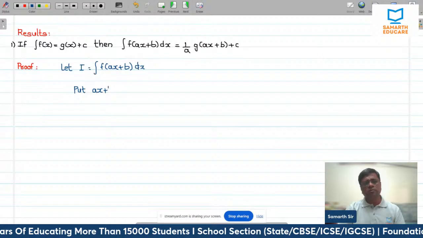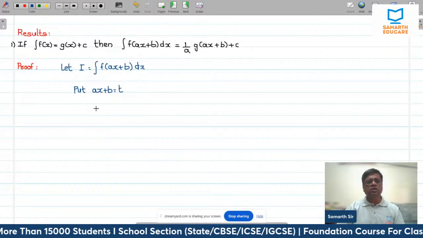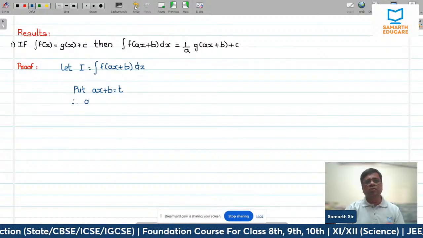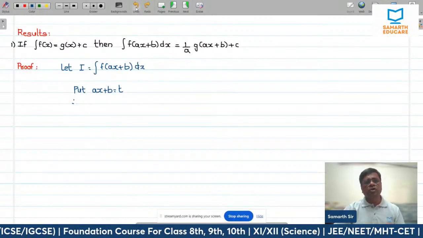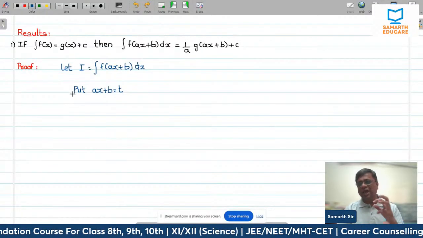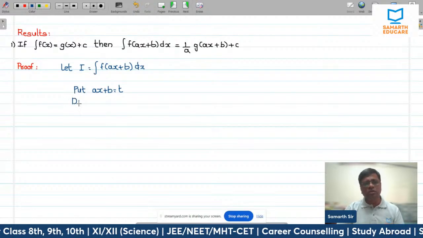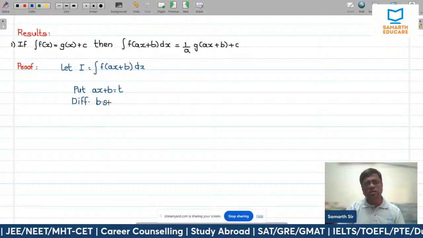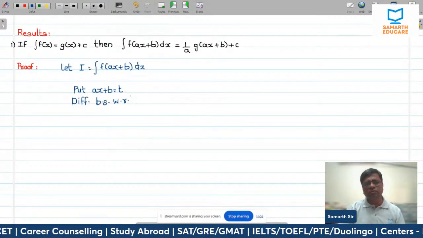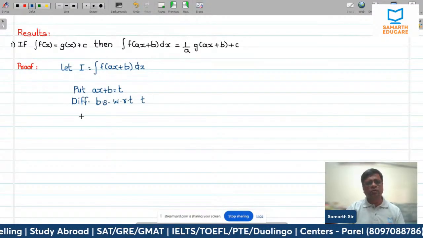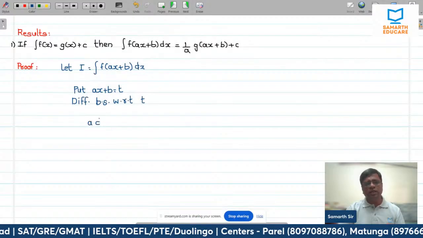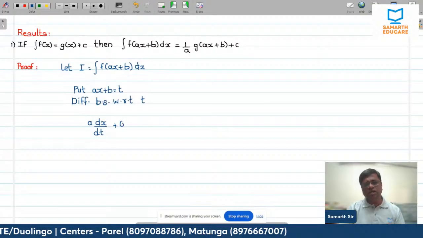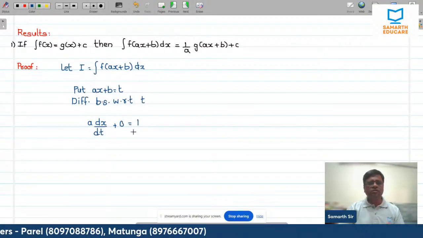Now let me put ax plus b is equal to t. Now if I take the derivative, we are not going to use this in actual problems, but ये statement नहीं आएगा. Differentiating both sides with respect to t, we get a dx by dt plus b का डेरिवेटिव तो 0 आएगा और t का डेरिवेटिव आएगा 1.